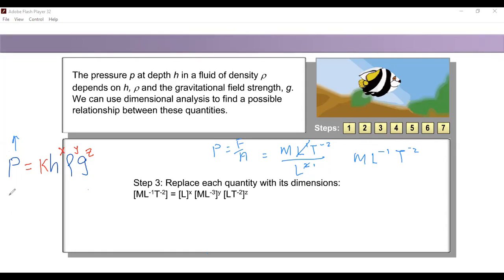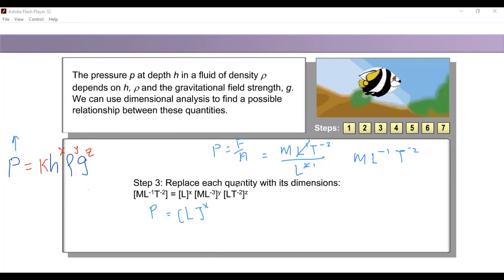So write out here, the dimension for P is equal to k. We don't know k, but k is a constant, later we just find the constant. We leave it for h rho g. h is the depth. Depth is length, the dimension, we put it to the power x. We assume it's the power x.